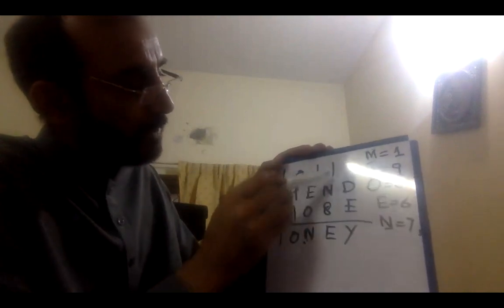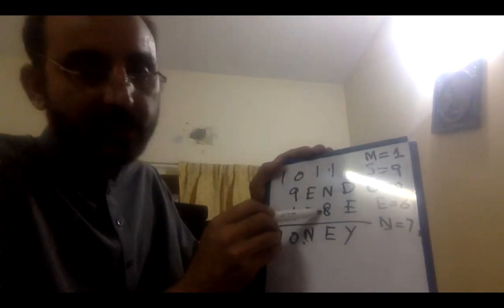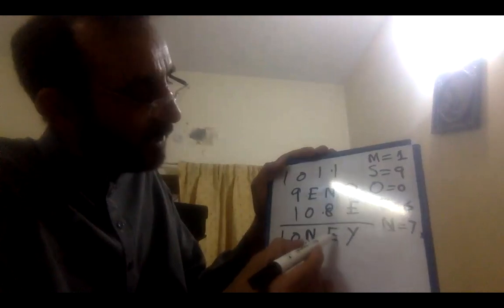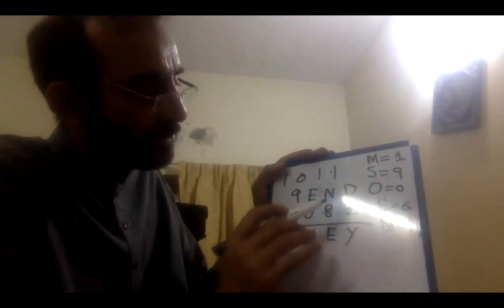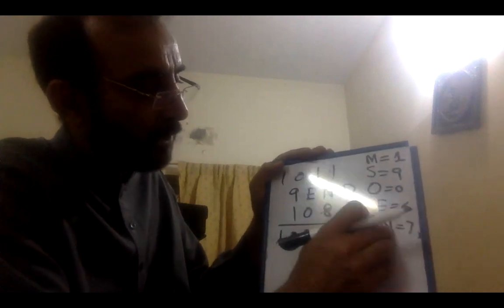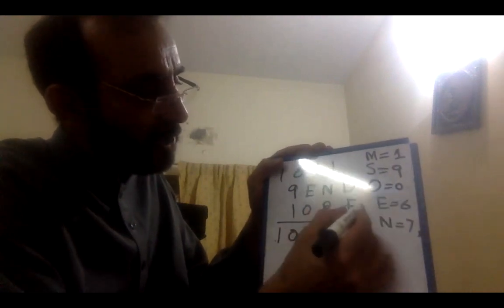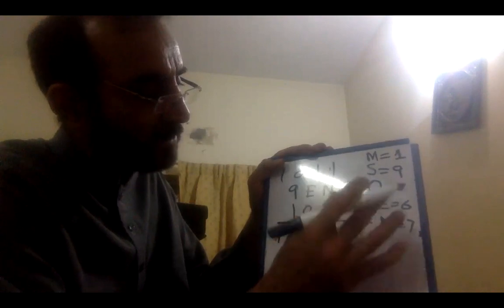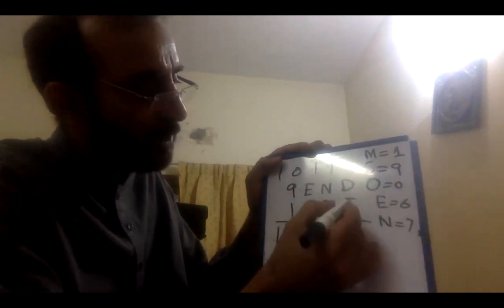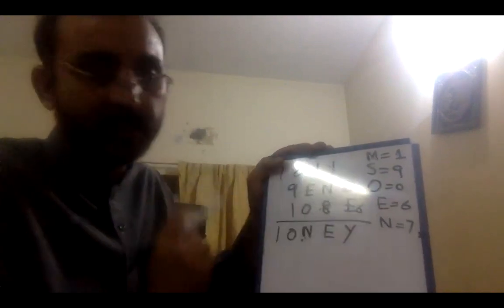Then 7 plus 1 is 8, and 8 and 8 is 16, so I will get 6 here and 1 as a carry. All the values are satisfying, so that's good. Now E is 6.